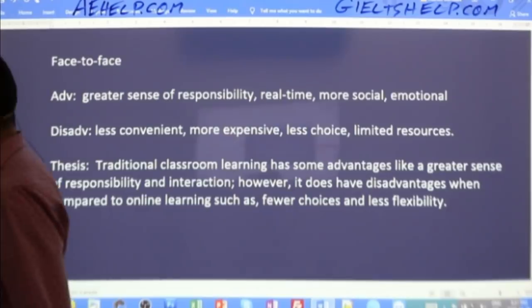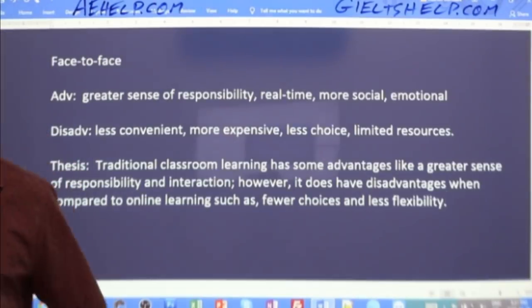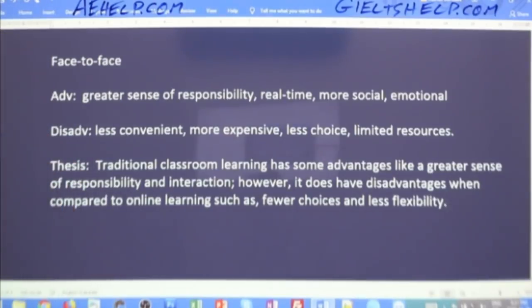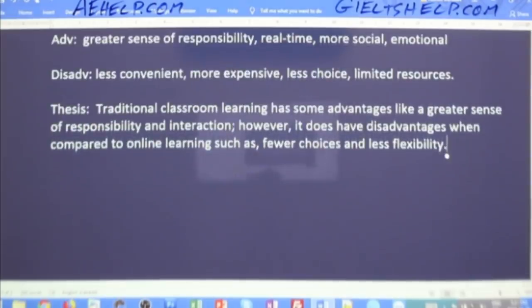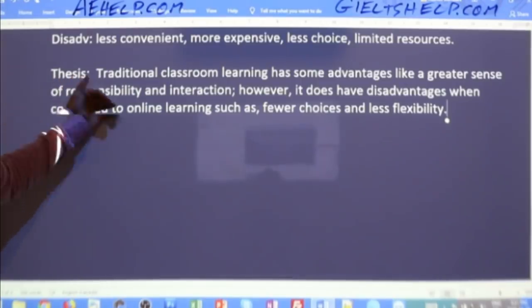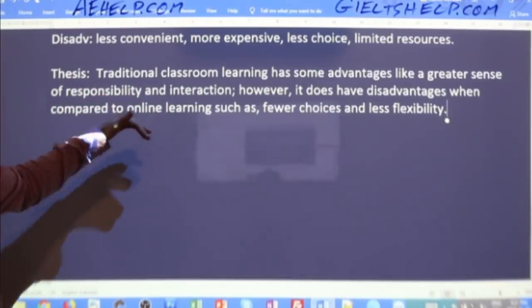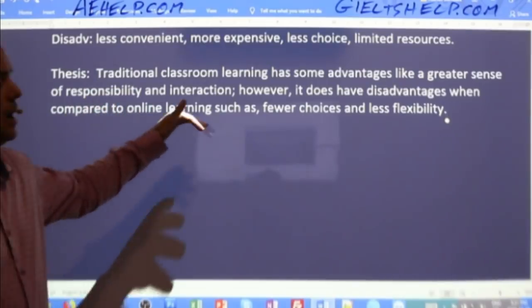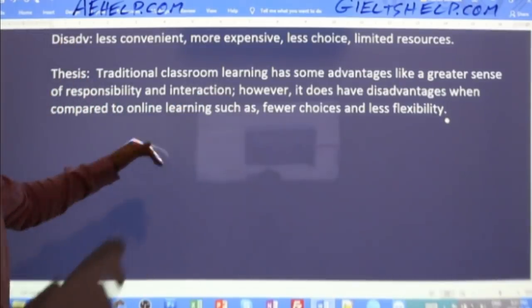Okay? So that would be a band 9 level thesis. And when you're practicing at home, this is the level of thesis that you need to get to. A nice direct thesis tells your reader very clearly what you're going to write about.